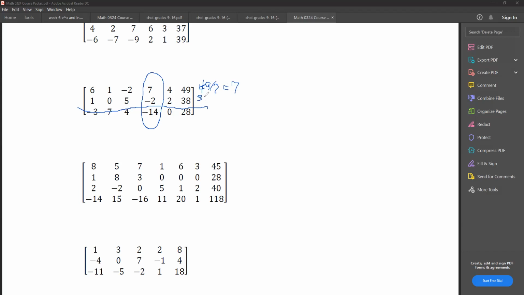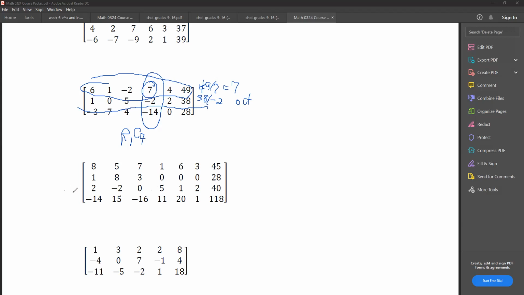And 38 divided by -2 is negative, so you're throwing it out. No negatives, so since I only have 2 options, I'm going to pick 7. So 7 right here is my pivot point, in row 1, column 1, 2, 3, 4, column 4. That's all you have to do.